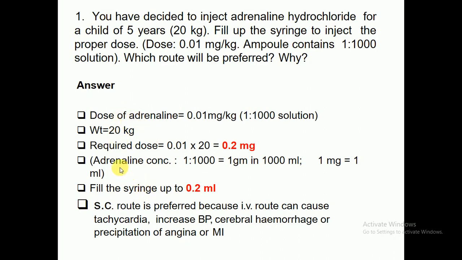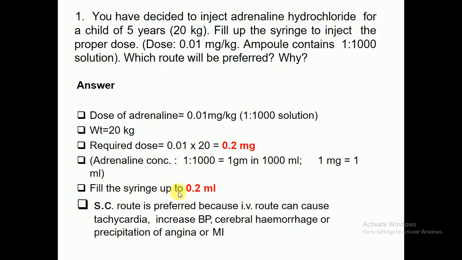Now as we know that the adrenaline concentration is already 1:1000. So what does it mean? It means 1 gram in 1000 ml. It means that we will dissolve 1 gram in 1000 ml. So it means that 1 milligram is equal to 1 ml. So what will be the result?